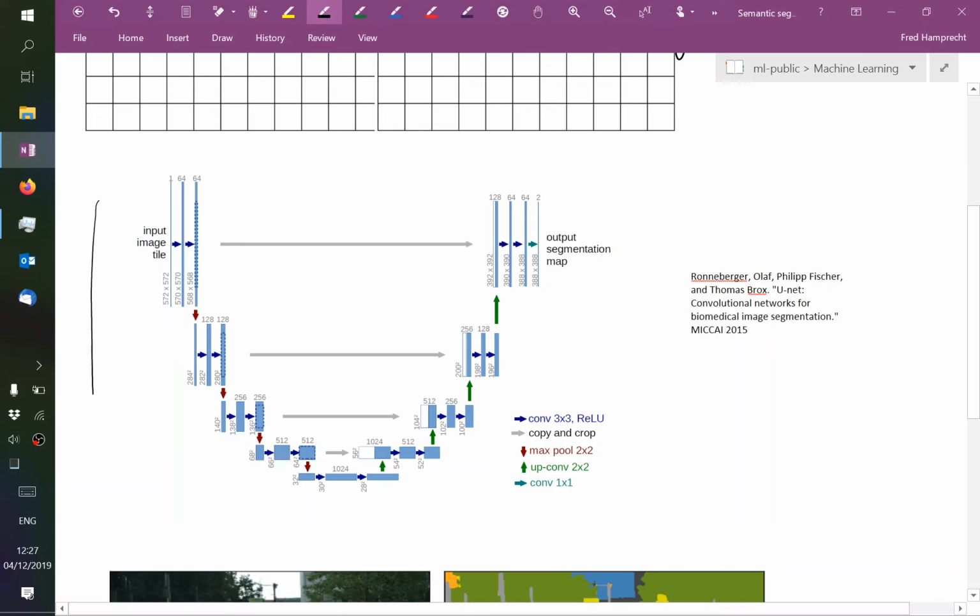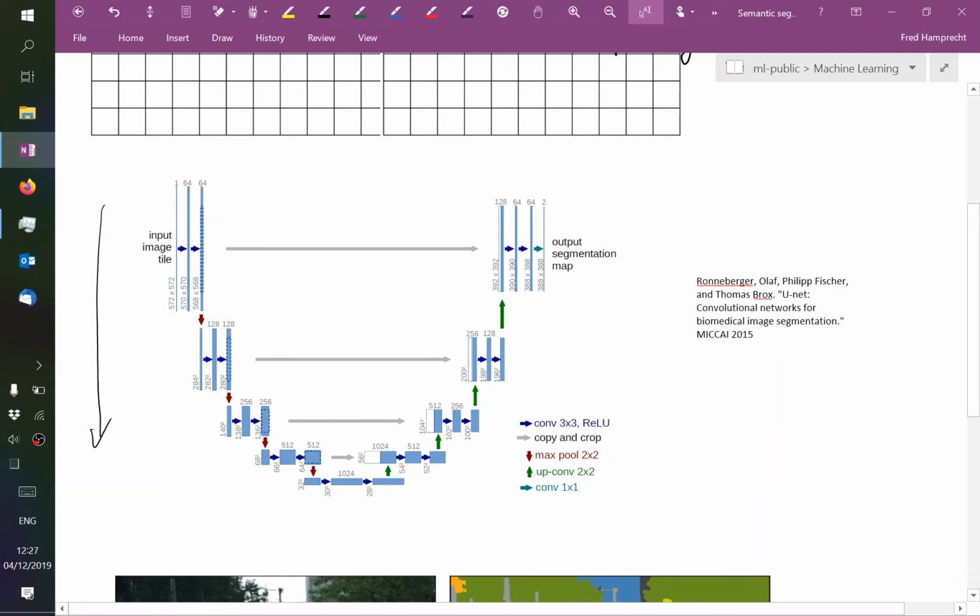we can say that we have a scale here. I don't know if I should draw the arrow up or down. So let's say the spatial scale becomes coarser in this direction. And here, as always, from left to right, I have depth.